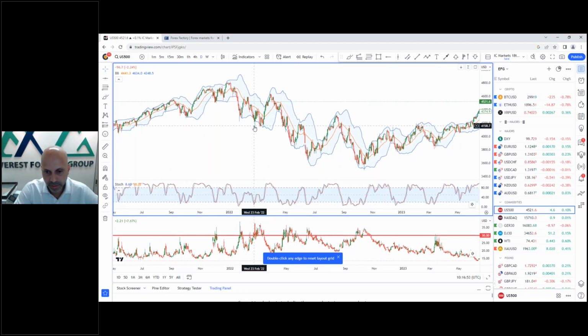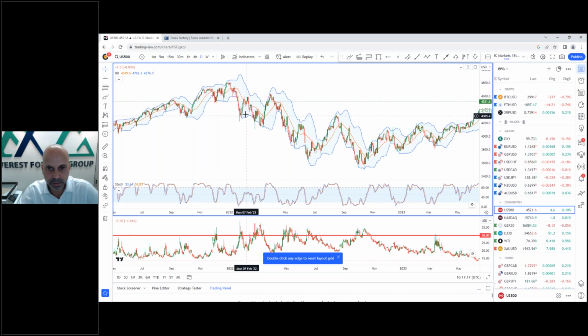As you can see, throughout most of 2022, when the VIX went above 30, we also saw stochastics dropping under 20, and we can see price pushing beyond the lower bound of the Bollinger Band. So this is potentially signaling a bullish reversal.